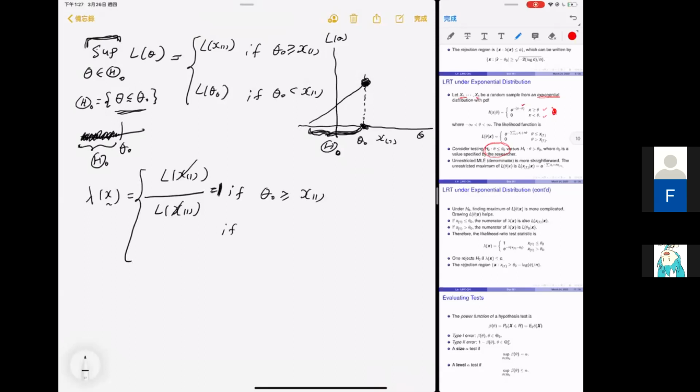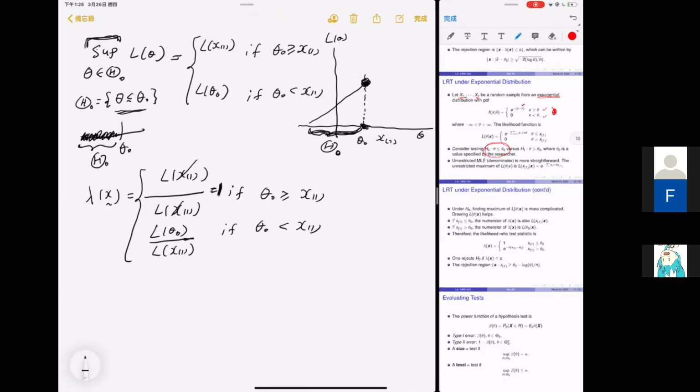If theta 0 is smaller than x1, then the LRT becomes x1 over theta 0. Great.